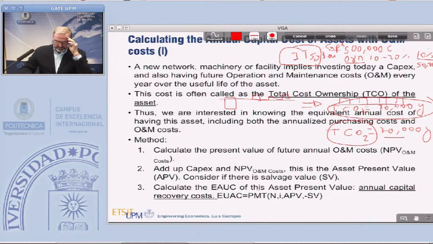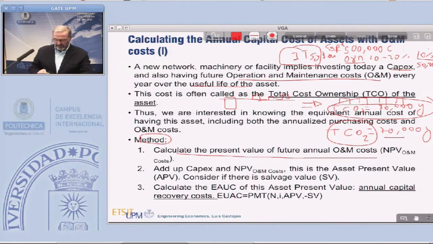And then this is the concept of total cost of ownership, to take into account the capex and the operation and maintenance cost every year you have, of course, during the useful life. And then the methodology we use is to calculate the present value of the future annual operation and maintenance cost, the so-called net present value of operation and maintenance cost, at the cost of capital.